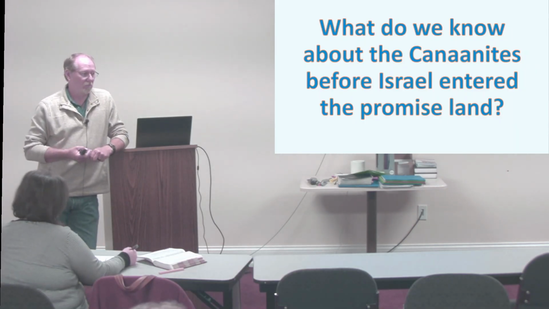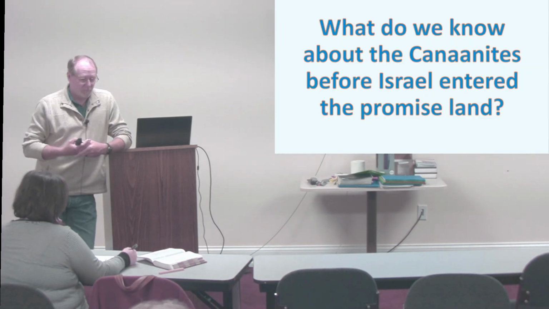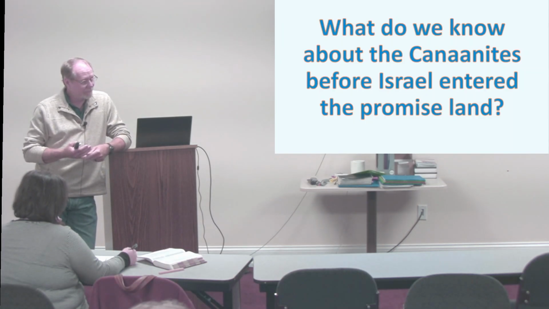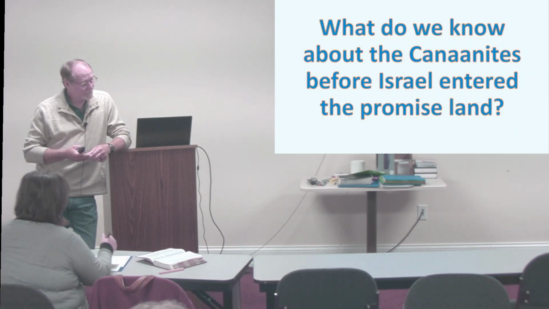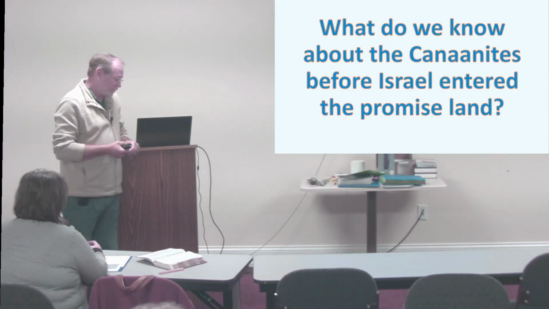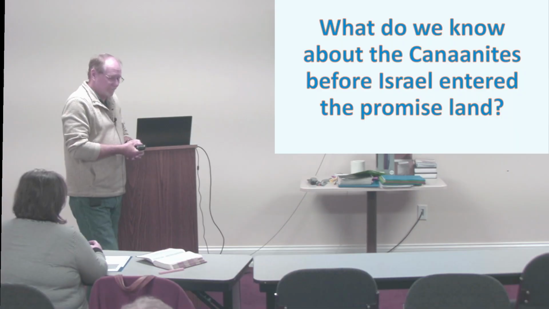Well, we know that through the centuries the Israelites were told by the prophets of sacrificing their children and worshiping of idols and sexual immorality in worship, things like that. There's a direct connection that's made between not driving those people out and those practices infiltrating the Israelites.